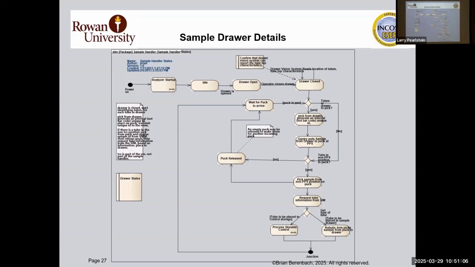So this is true object oriented because everything is an object. And the tube is an object and says, here's my ID, right? And every little piece, the robotic arm has intelligence, the vessel mover has intelligence, the analysis stations have intelligence, they all have intelligence, and they all work together.